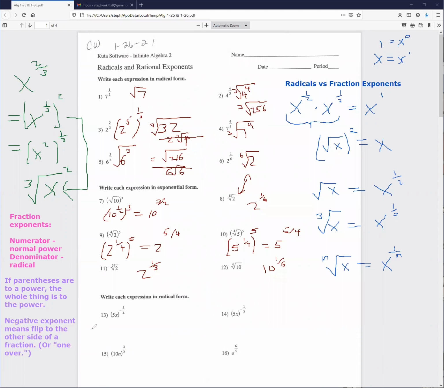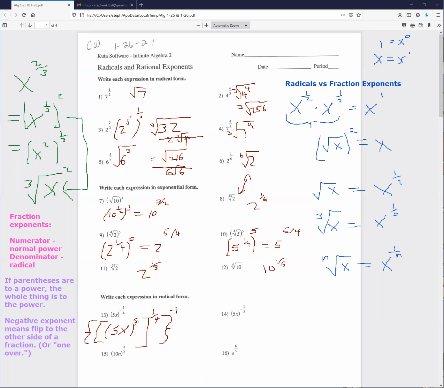So, okay, 5x to the negative 5/4. I'm going to break this one down. I'm going to say it's 5x, parentheses to the 5th, bracket to the 1/4, brace to the negative first. Now, do I have to write it like this? No, but I want to make it very clear what's happening so we can address this one step at a time.